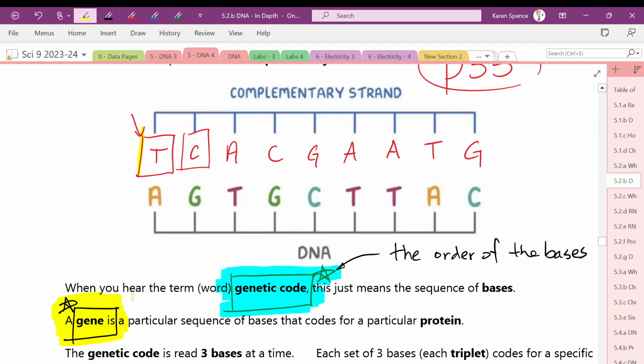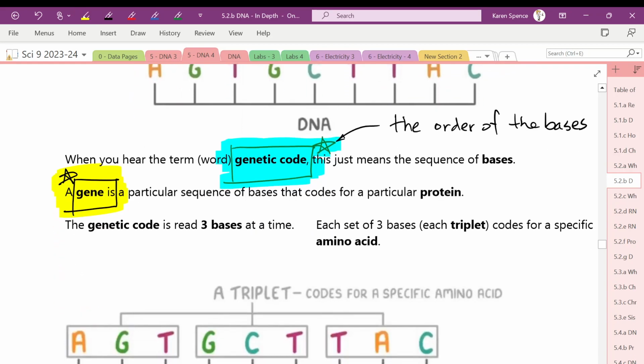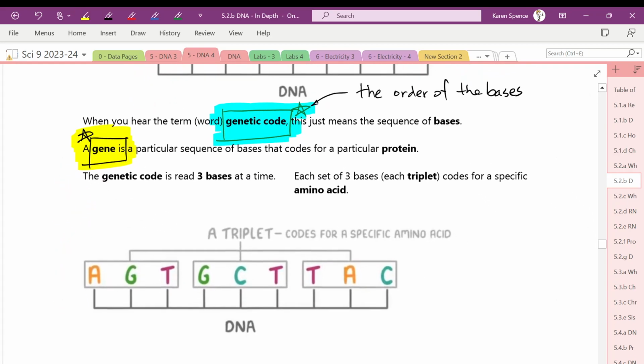So let's say that this is our DNA here, except that the DNA doesn't just stop. The DNA actually carries on for a long, long way in either direction. Does that make sense?